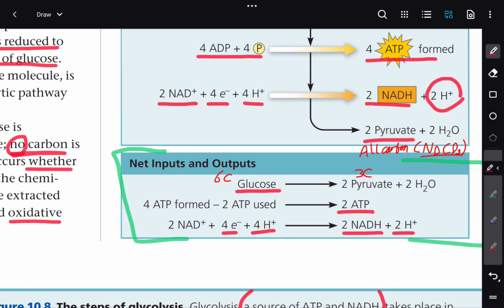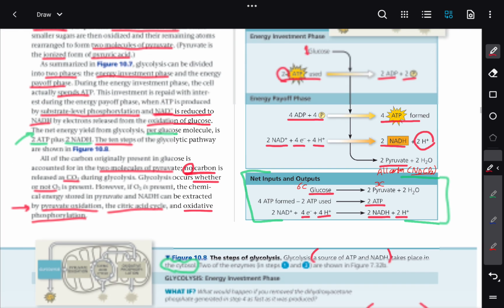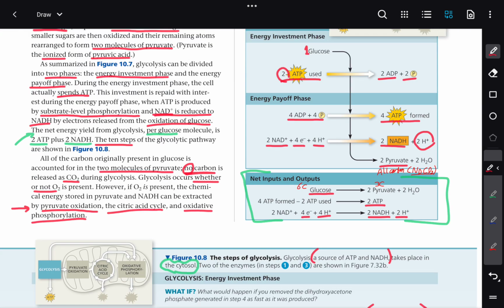Another very important idea: glycolysis happens in the cytosol, in eukaryotic and prokaryotic cells. Another idea before going through the steps is that the first 5 consume ATP, they consume energy.